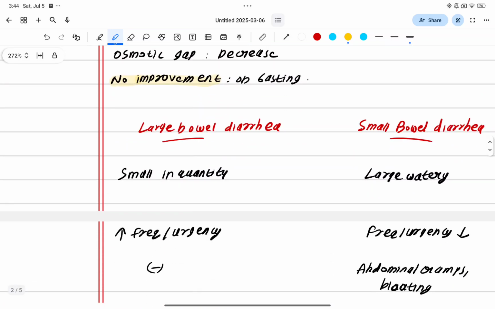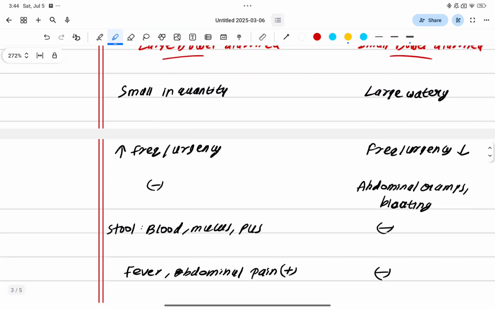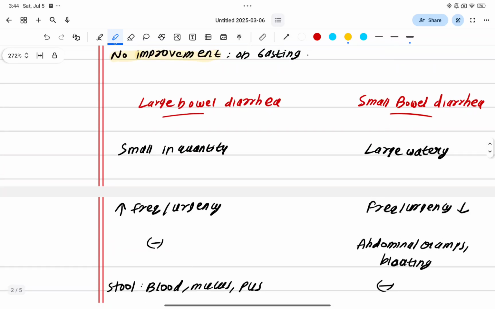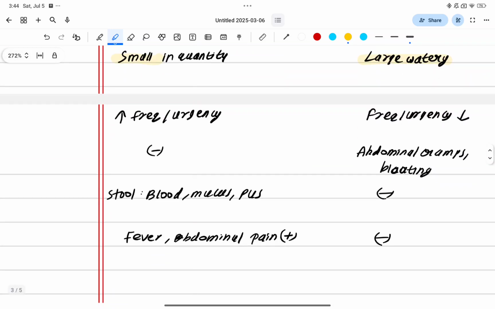Now let us differentiate between large bowel diarrhea and small bowel diarrhea. In large bowel diarrhea the stool is small in quantity, whereas in small bowel it is large and watery. Frequency is more in large bowel diarrhea. Abdominal cramps and bloating are present in osmotic diarrhea. Why? Because the fat not being absorbed is fermented in the small intestine and produces gases, so there is a bloating sensation and abdominal cramps.